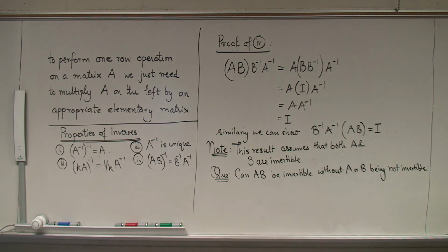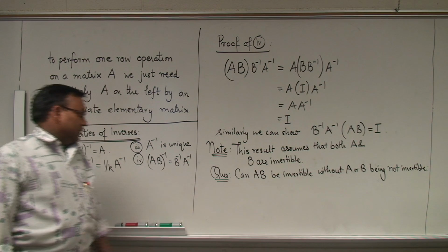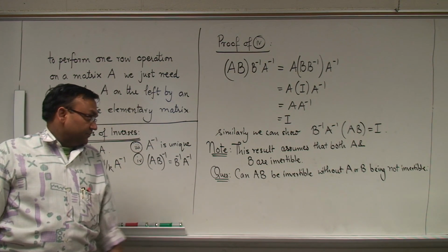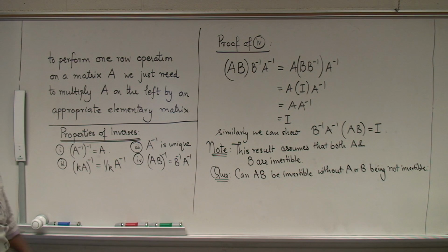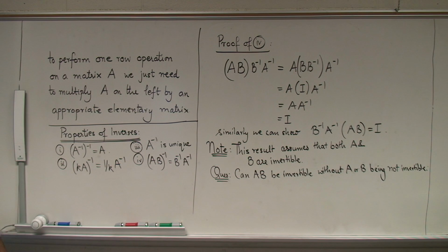That means even if one of them is not invertible, can the product be invertible? Can it happen that we can have maybe a different formula for A times B in that situation? Or could we prove that the product can only be invertible if and only if both A and B are invertible? So this is the question we want to answer and ask ourselves.